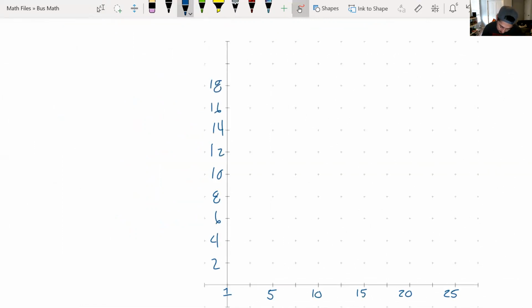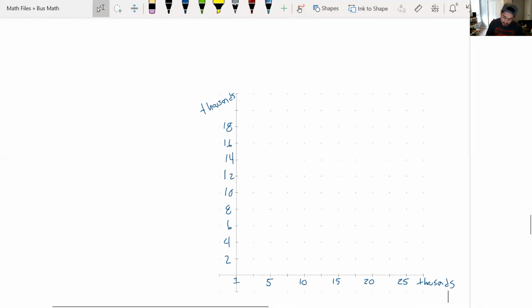And remember, these numbers are in the thousands. Okay. I mean, same with down below, 1, 5, 10, 15, 25. These are also in the thousands.